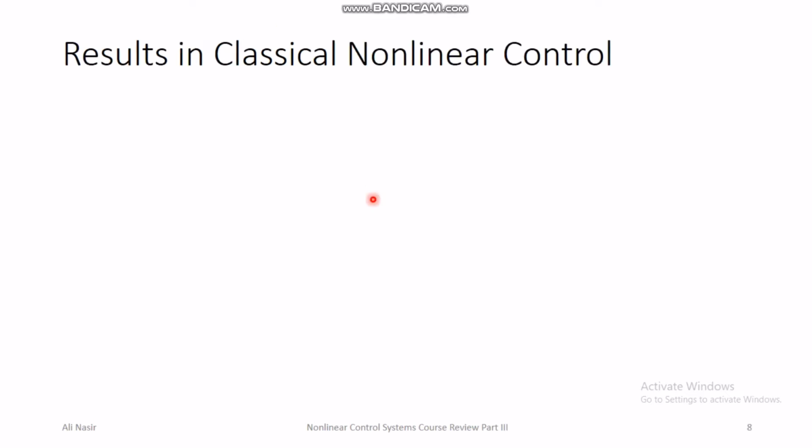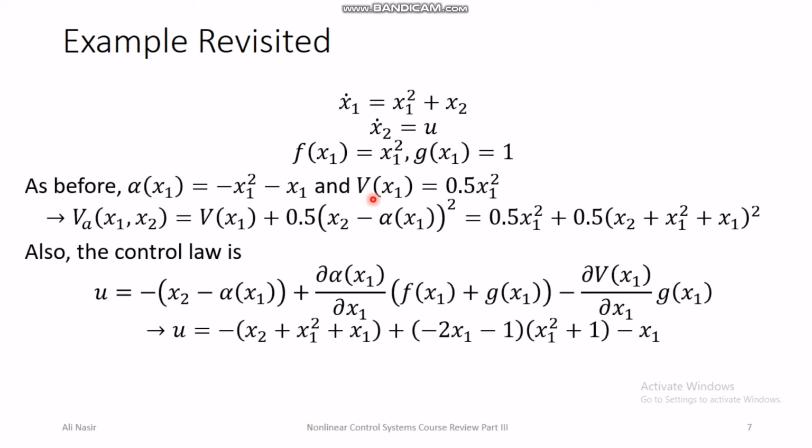So we have designed two controllers for the same system, one using normal backstepping and the other using the integrator backstepping lemma. That should give you a good review of how backstepping control works.